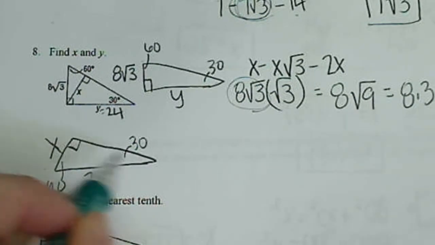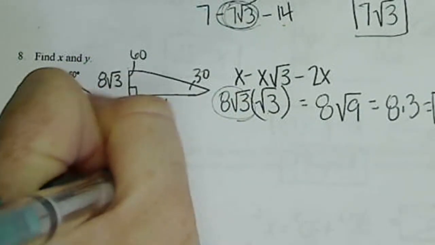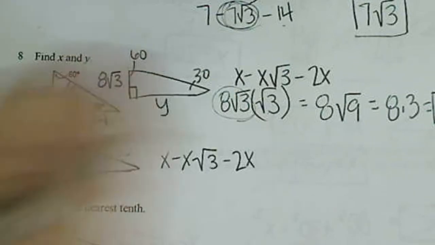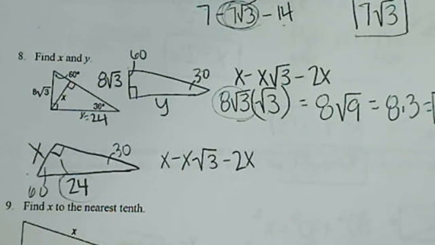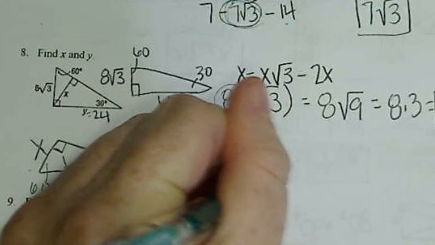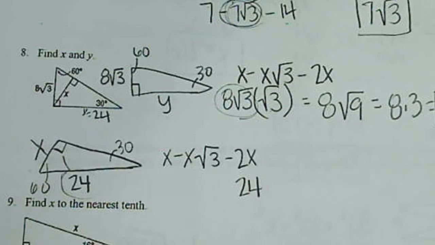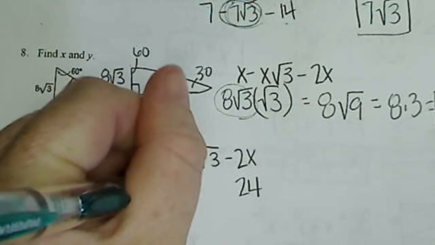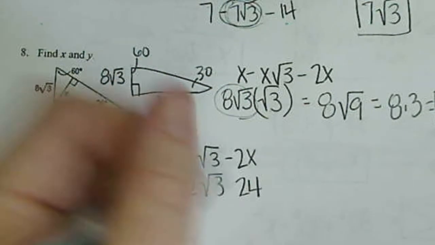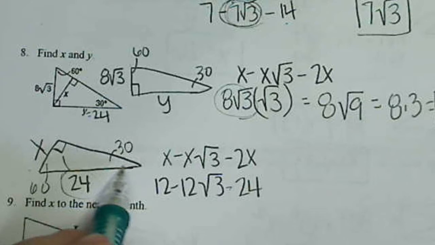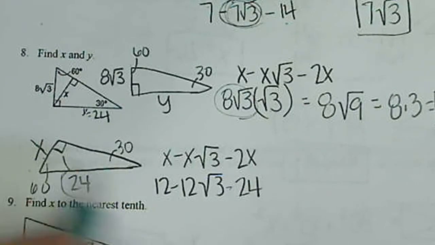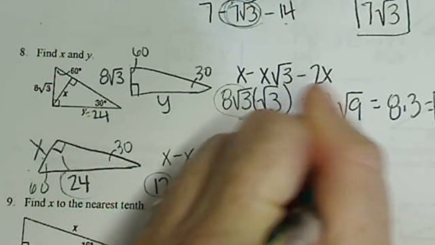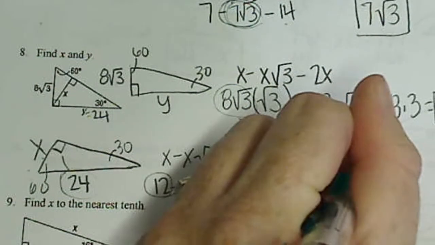So 24, I have a 30, 60, 90, my same formula, x, x roots of 3, 2x. 24 is across from the 90, so 24 is 2x. If 24 is 2x, x is just 12. What side do I want to find? I want to find the side across from the 30, which is right there, the x. So x equals 12.